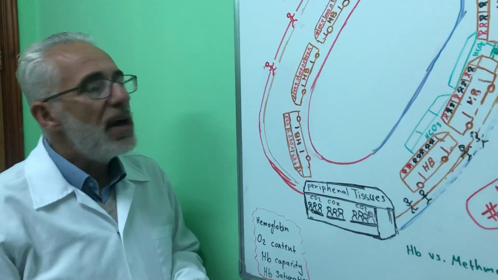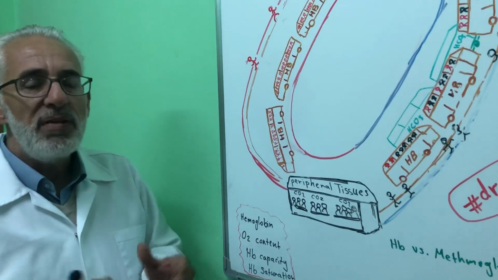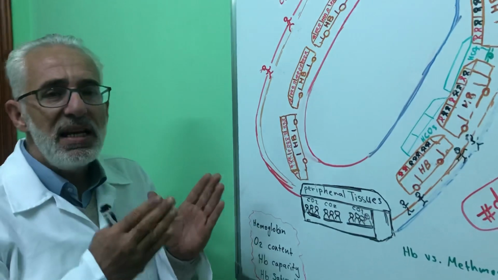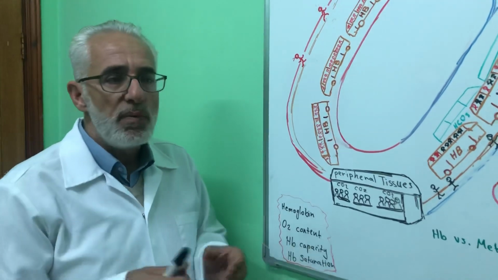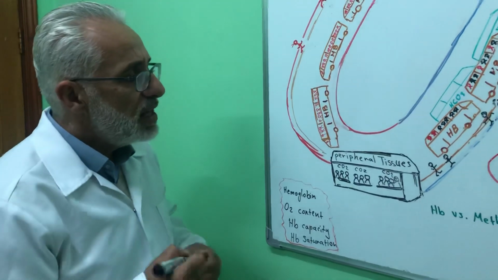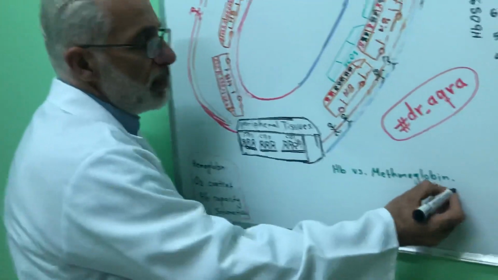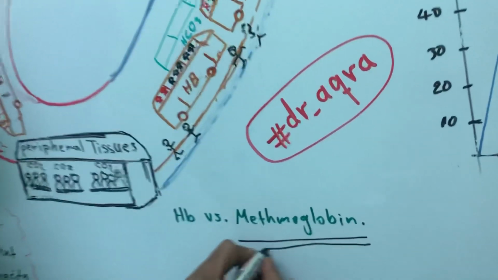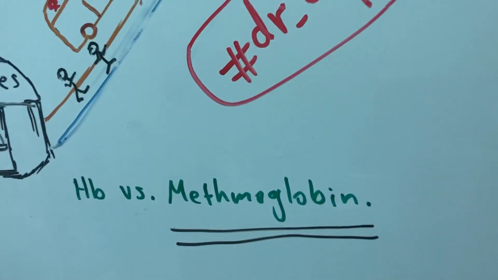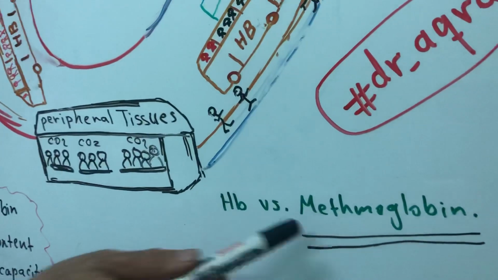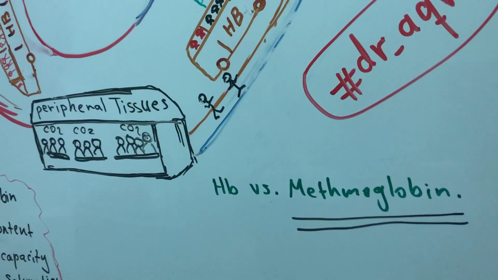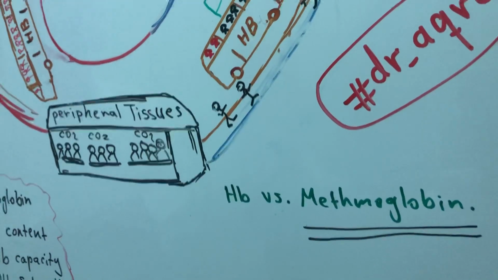Each group is bound to iron, but the iron is in its reduced form, not its oxidized form, because the oxidized form is called methemoglobin. In methemoglobin, the iron lacks an electron which is necessary for binding oxygen.